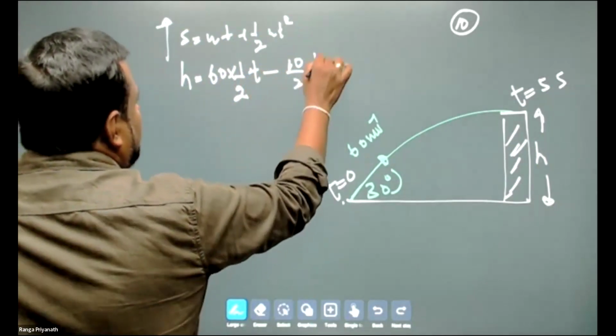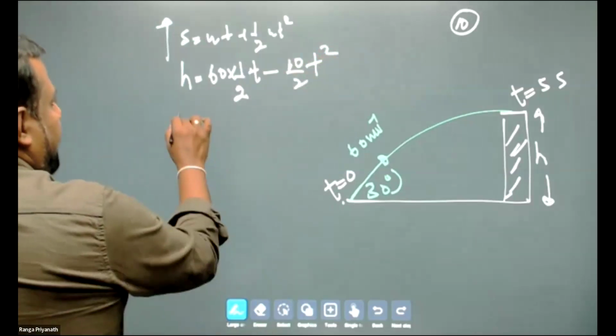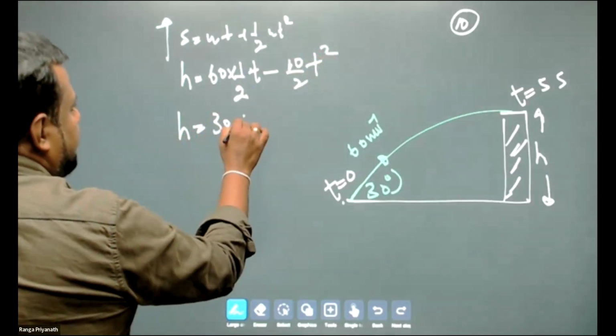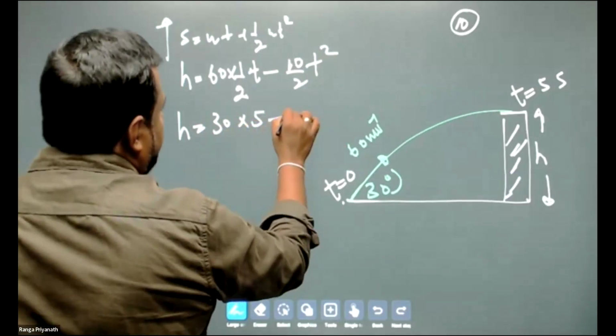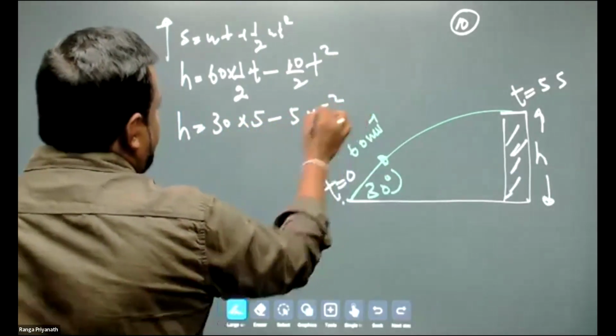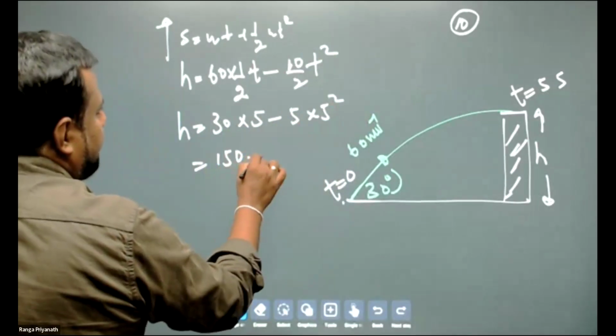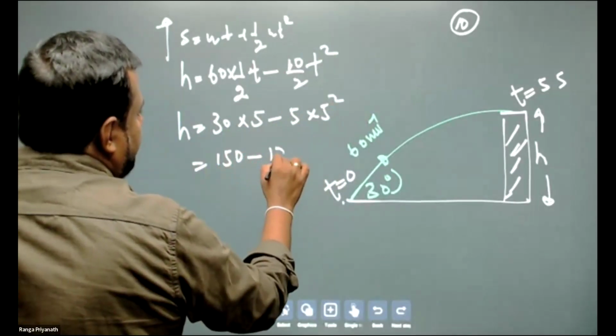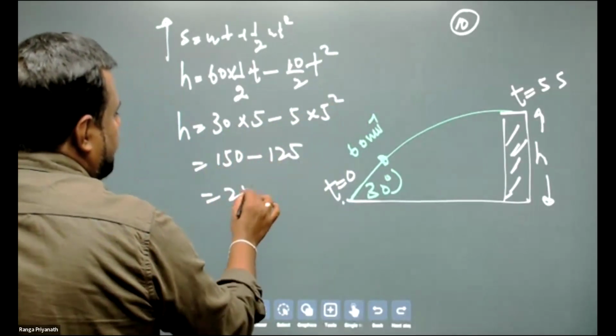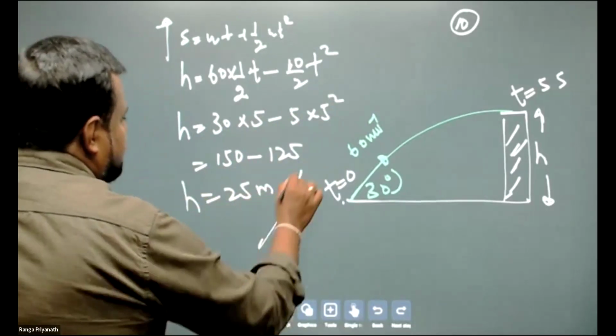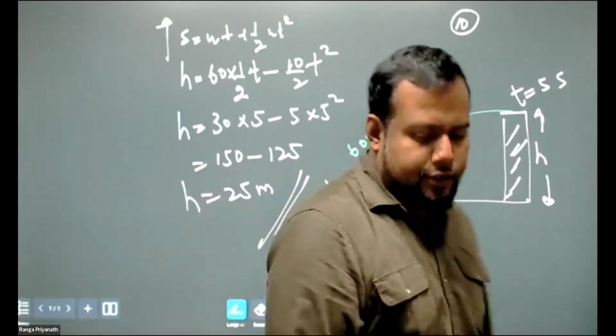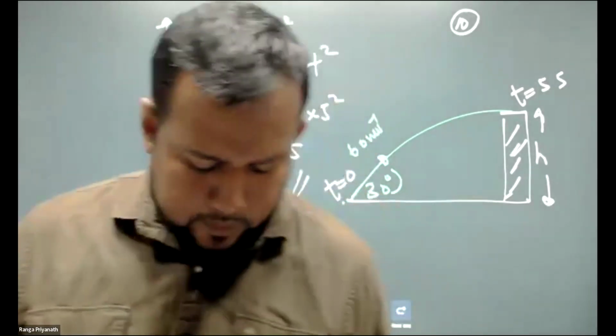So h = 30 × 5 − (10/2) × 5² = 150 − 125, which is 25 meters. H is 25 meters. It's not a difficult question to answer.